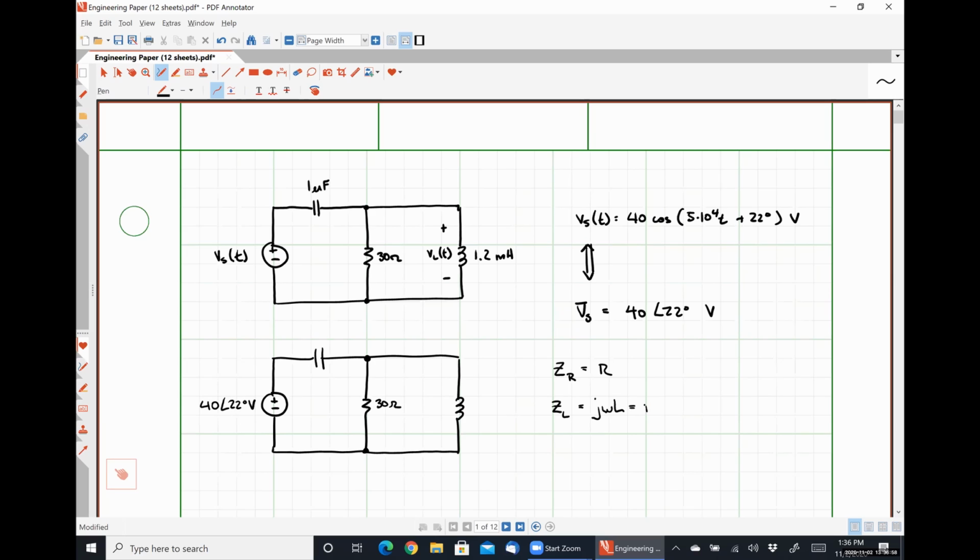So that would be j times 5 times 10 to the 4 units of per second, multiplied by 1.2 times 10 to the minus 3 Henry, where a Henry is a volt second per amp. So the seconds and the per seconds cancel each other out.